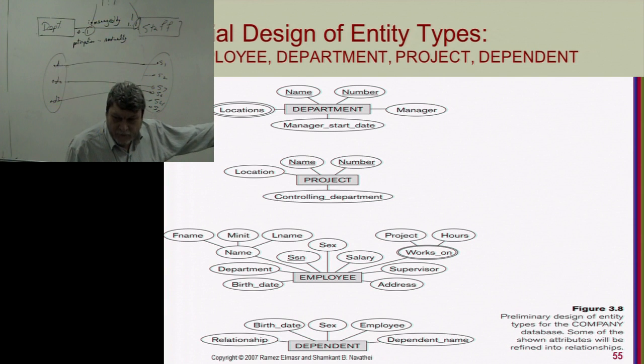He also told us that we have projects, and each project is identified by a name and a number, and it has locations, and it is controlled by a certain department.